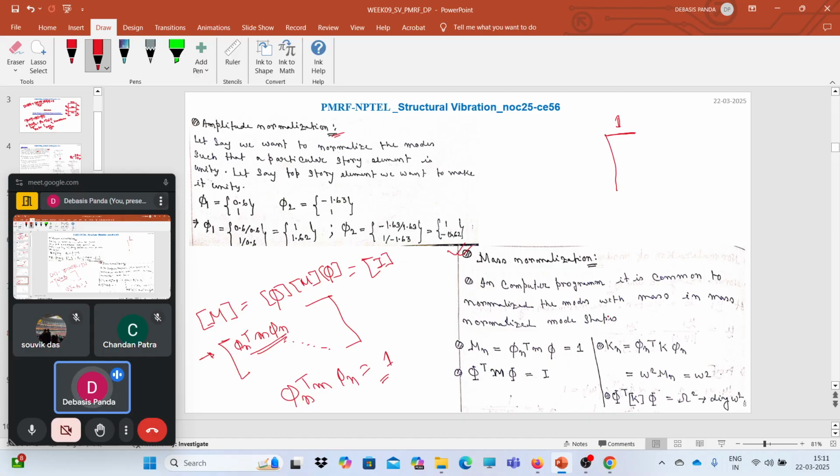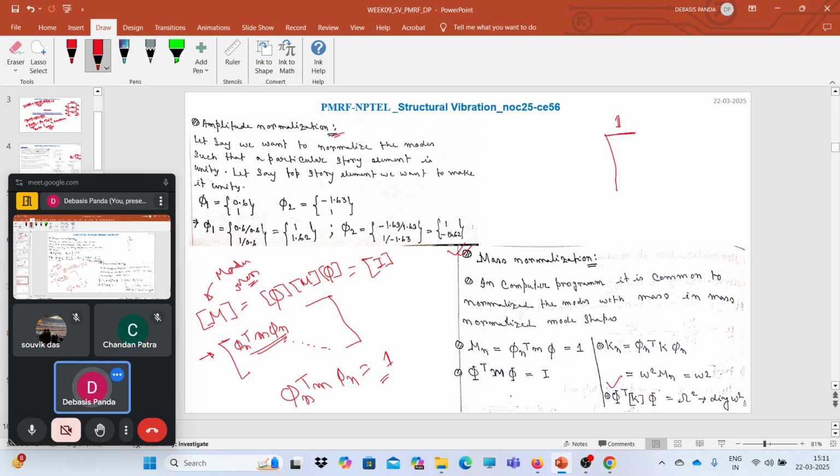To get that mass normalization mode set, you need to follow this property: each component of this modal mass matrix will be 1. That means basically it will become the identity matrix. So we will see how we can do that normalization.